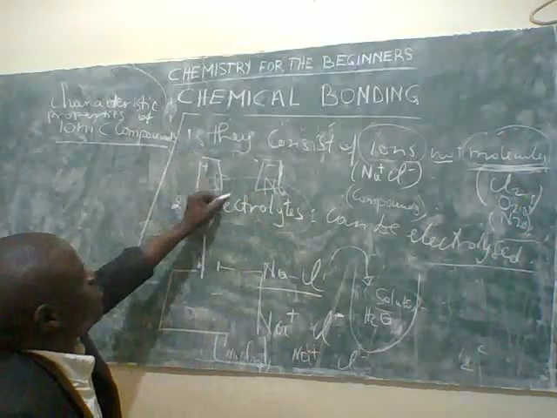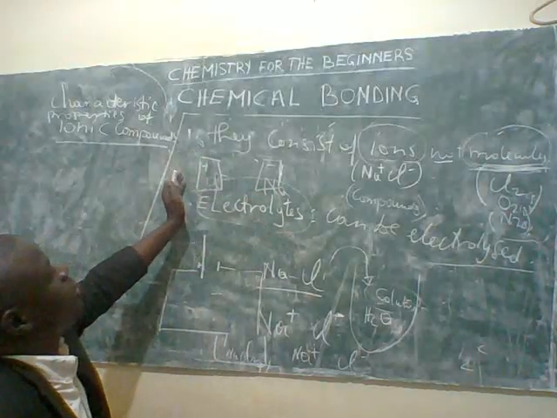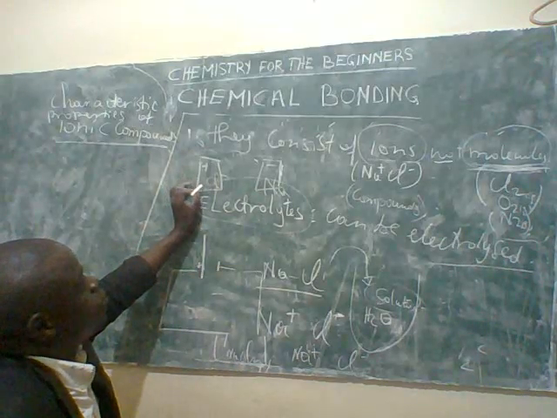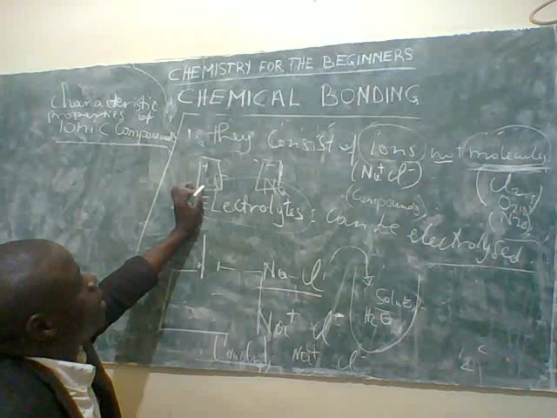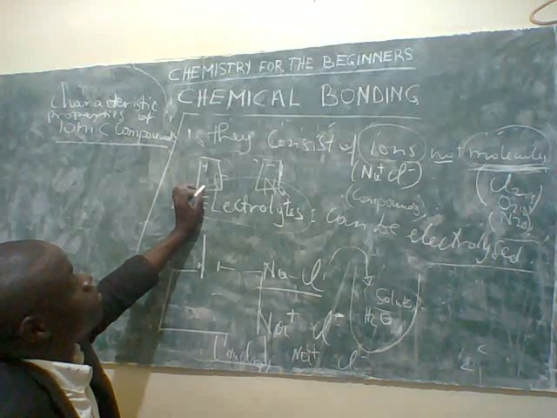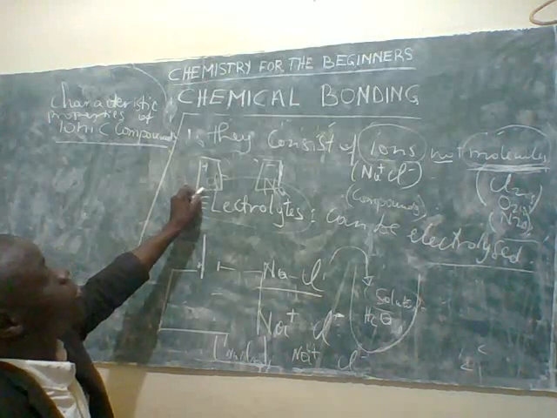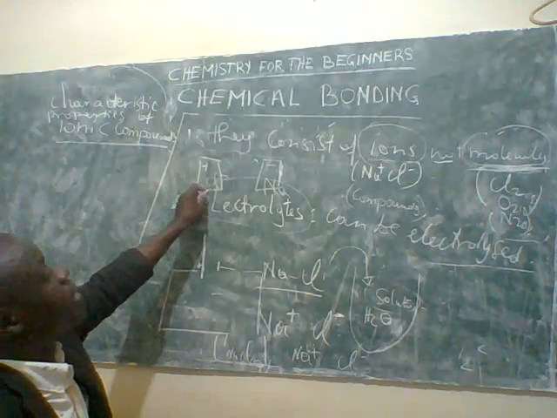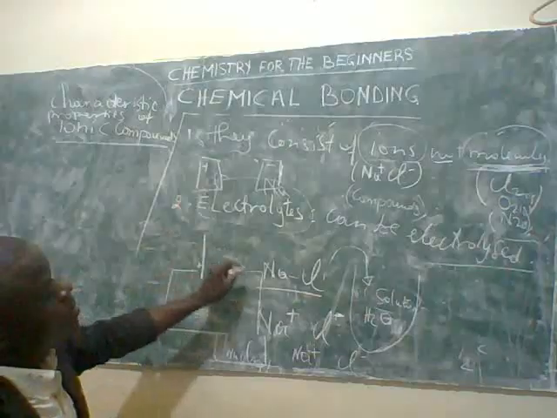If you want to remove this, you will check the one which has accumulated or concentrated on this positive, and you will know that the ones which have gone to this are negatively charged.